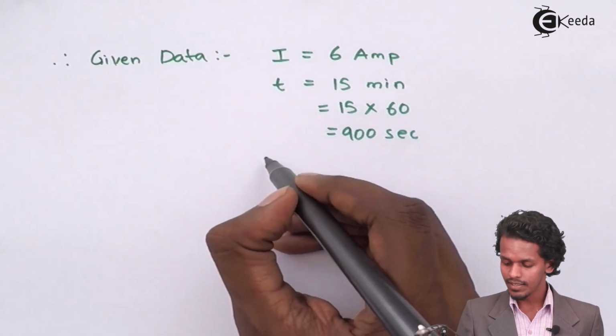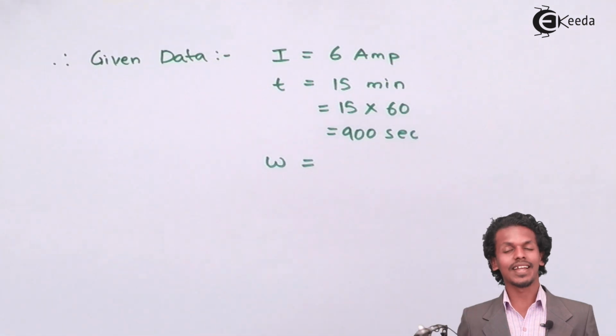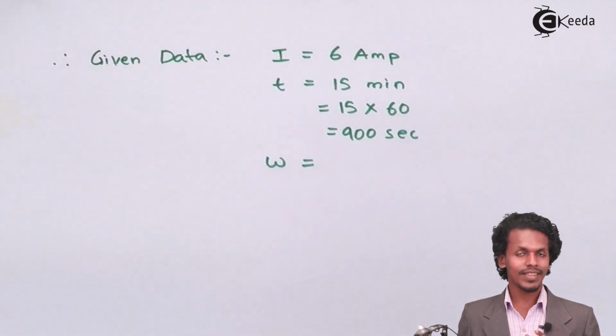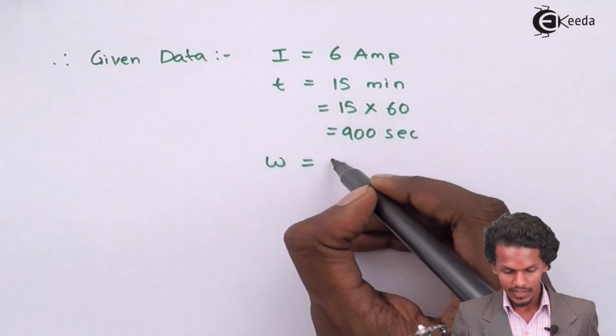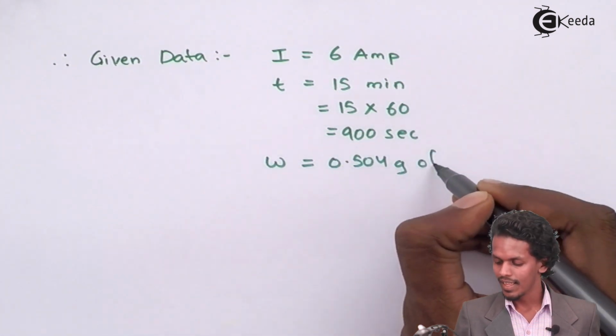And the last, W, that is the weight or mass of the substance deposited during this process, was 0.504 gram of aluminum.